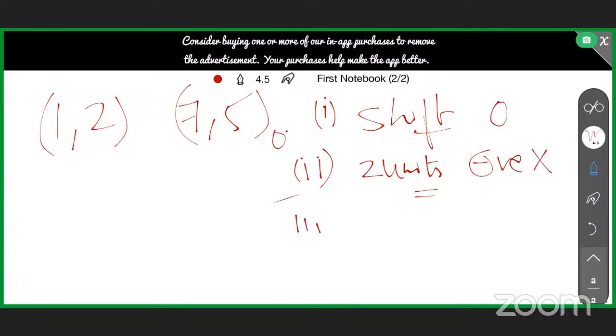Third thing, rotated with an angle theta equal to pi by 4 about the origin in clockwise direction. Then the final position of 7, 5 is dash.